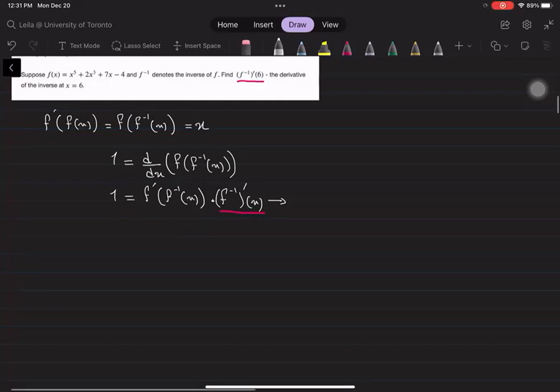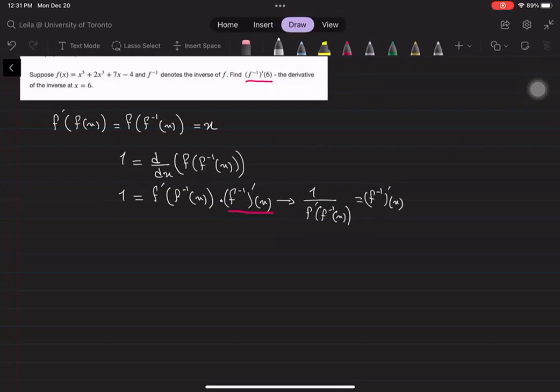So this way it would make it easier because now we only have to find the derivative of your f.